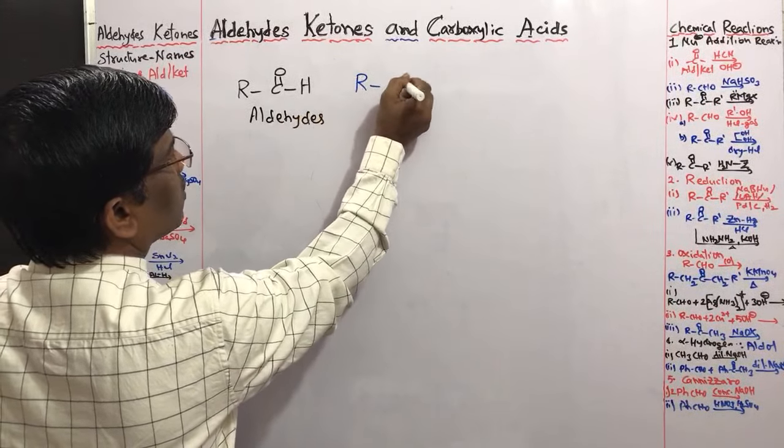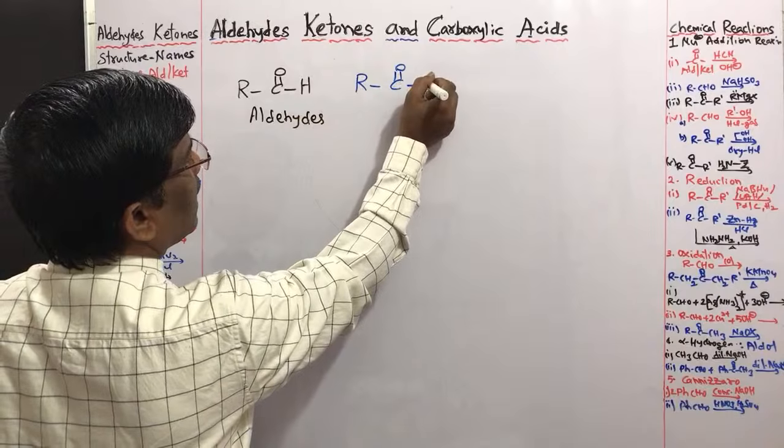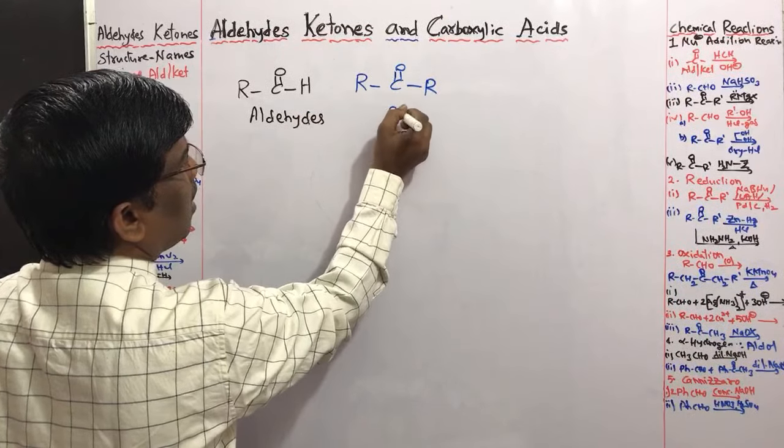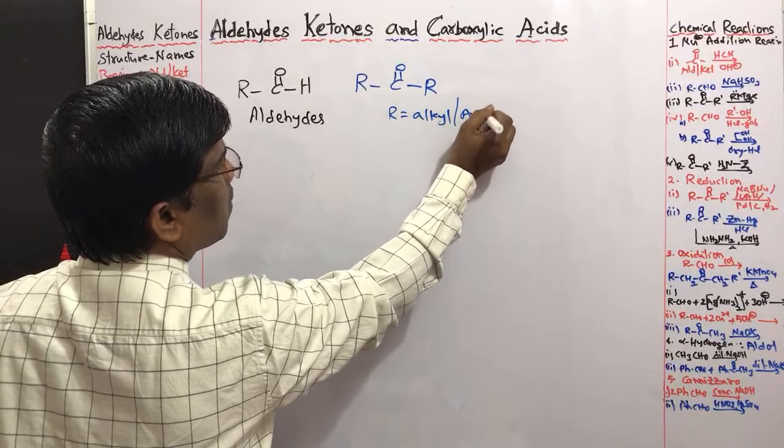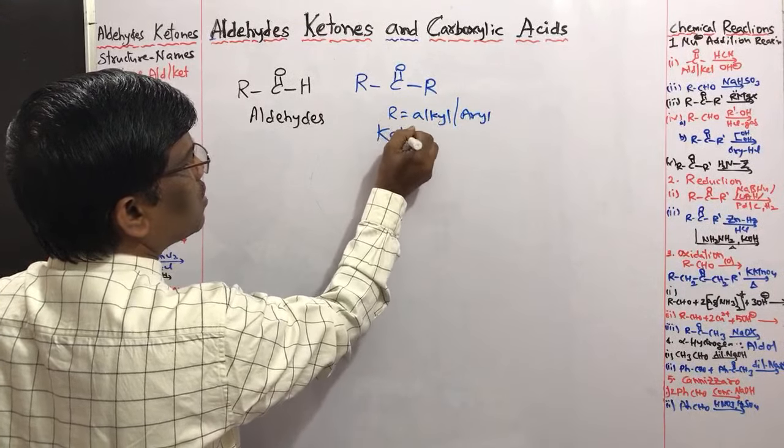If R is alkyl or aryl and this side is also an alkyl or aryl group, then these are known as ketones.